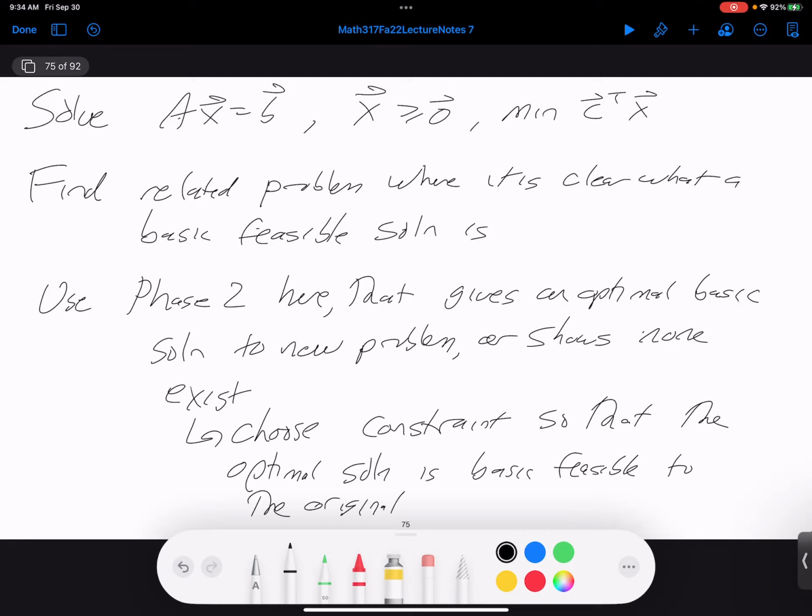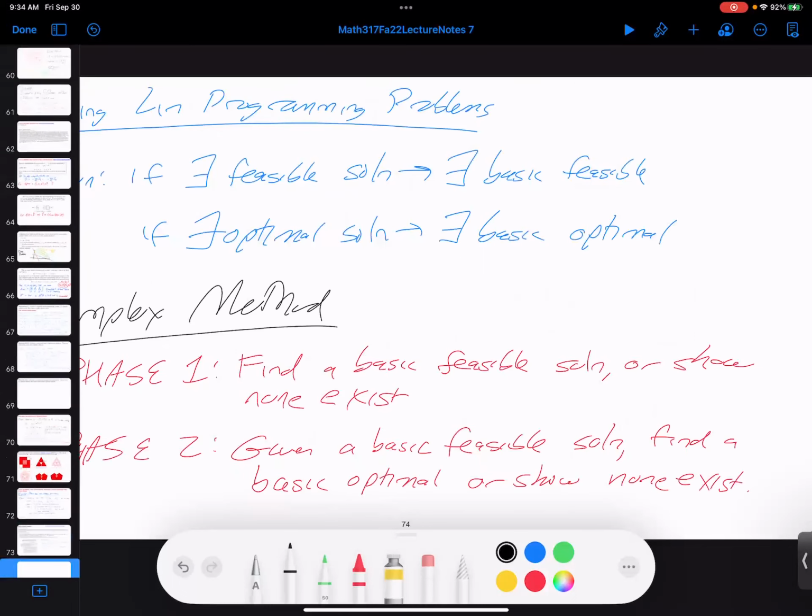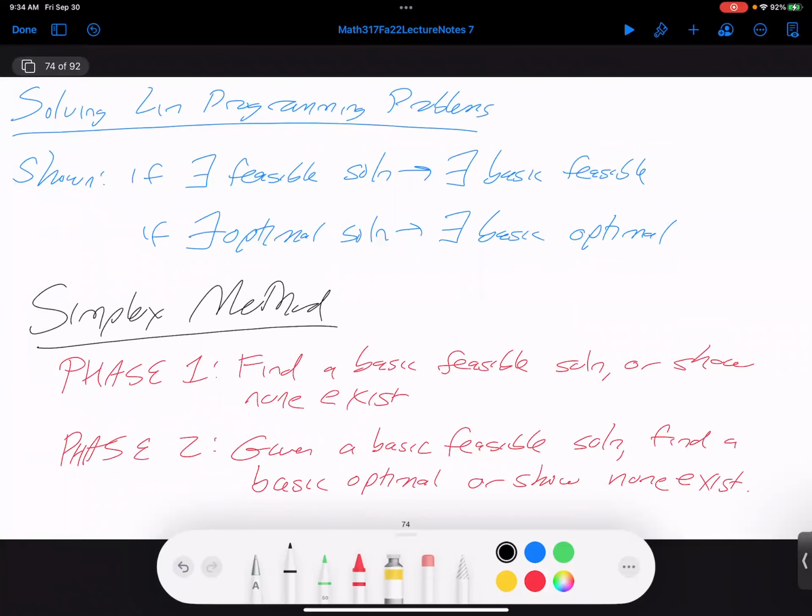So we're going to go through this in greater detail later, but I want to give you the overview of what's going on. In order to use phase 2, we need as input a basic feasible solution. We've discussed numerous times that there are a lot of problems where it is very easy to give a basic feasible solution or feasible solution.